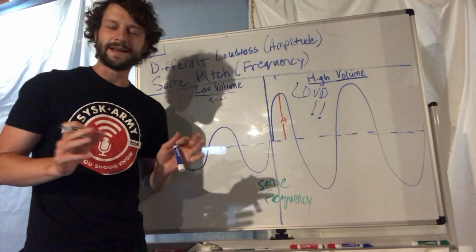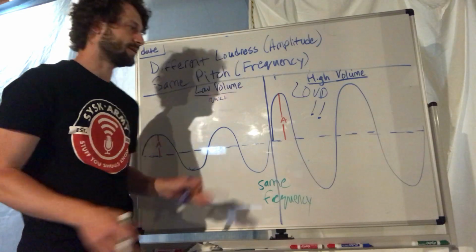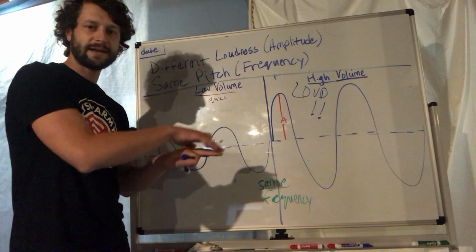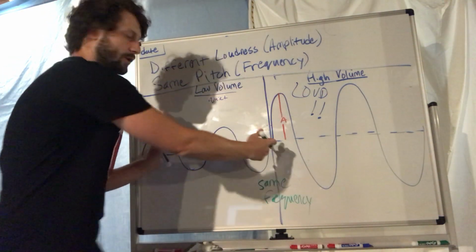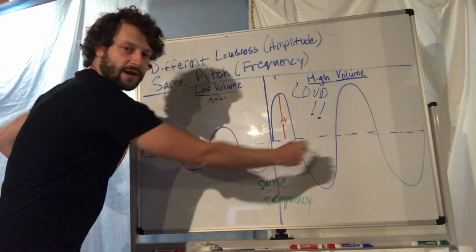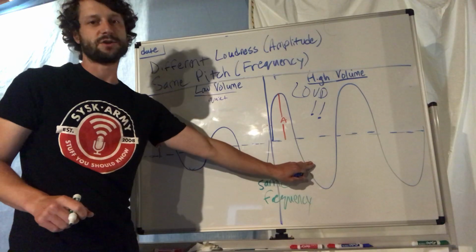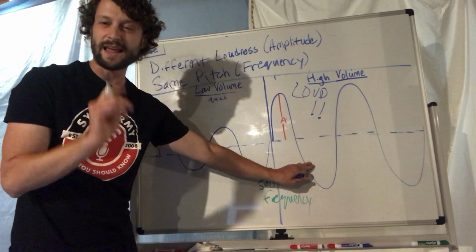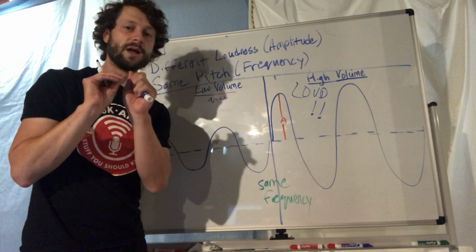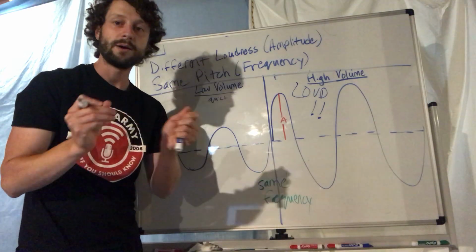What would make it look like a different pitch or frequency is if we took this wave and instead of making it taller, we made it more squished or stretched. But all we did from this picture to this picture was make it taller, which made it louder, but not higher pitched.